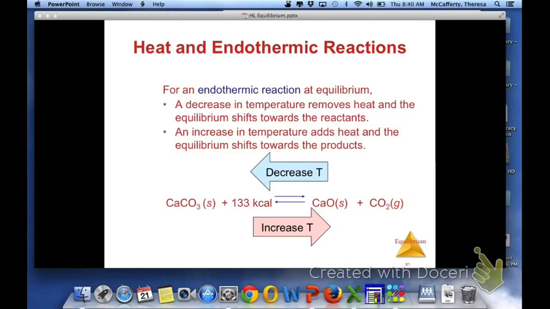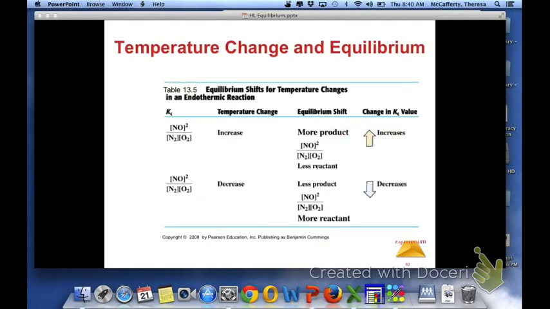I think I hit the wrong thing. Having trouble. Okay, so again, endothermic, heat as a reactant. If I increase temperature, it is going to shift to the product side because I'm increasing the concentration of a reactant.